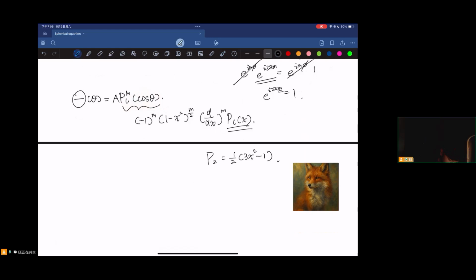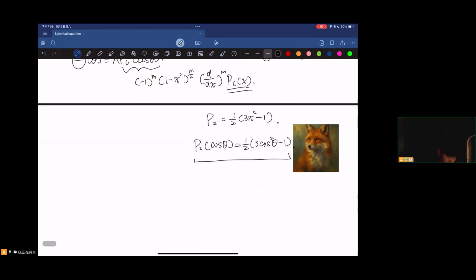So eventually we have to substitute x by cosine theta, and then plug it in. So after all, if we write all the things together, we have this conclusion. Well, it's exactly the same as the form you saw in the book.